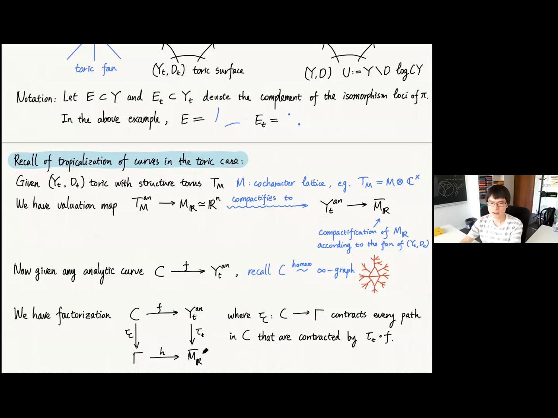So it's easy to think intuitively. C is an infinite graph. F is an analytic map from C to the analytic space.